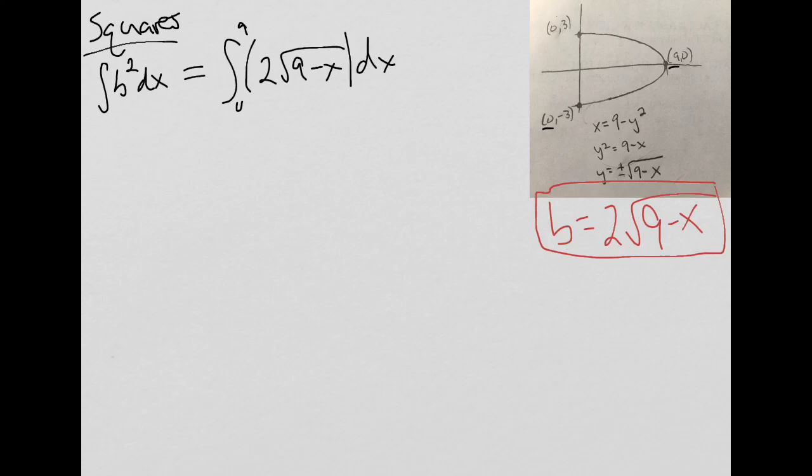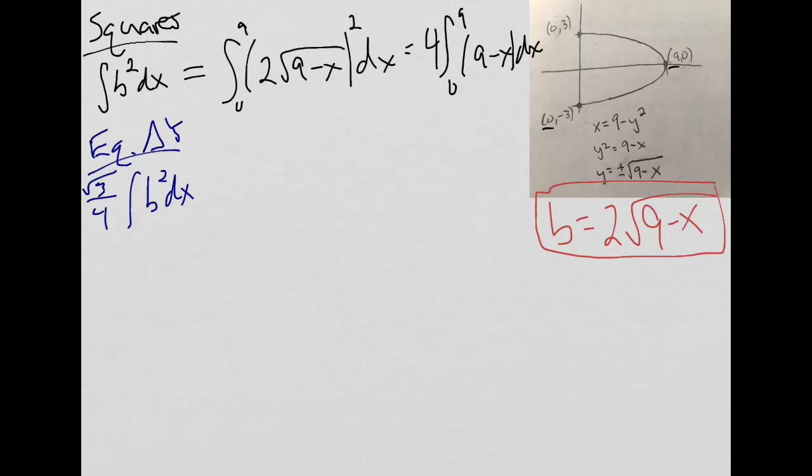And it's squared. So you can square this out. The 2 squares out, gives me 2 times 2, which is 4, which is where that mysterious 4 comes from that you're like, where did that 4 come from? Integral 0 to 9, and then the square root cancels out with the square, and gives me 9 minus x dx.